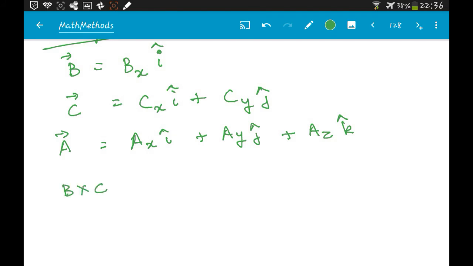So let's first look at B cross C. So what is B cross C? This is a cross product, right? I hope all of you know how to do a cross product.